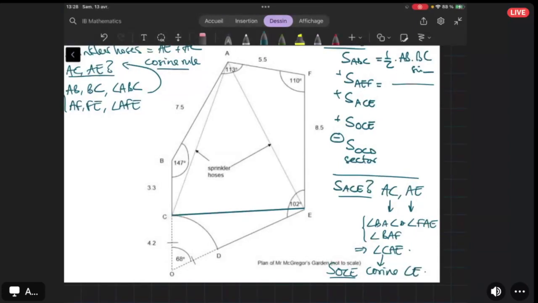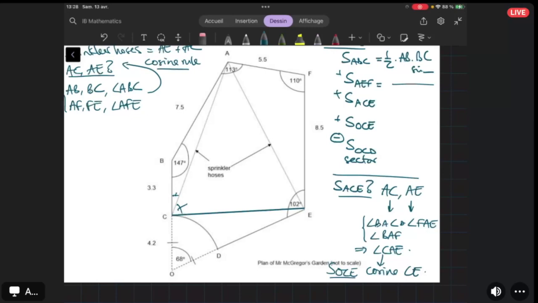Is there a quicker way to do this? Because I'm really not a fan of using the sine rule to get that angle and the sine rule again to get that angle. But hey, if you're stuck on the exam, at least something makes better than nothing.